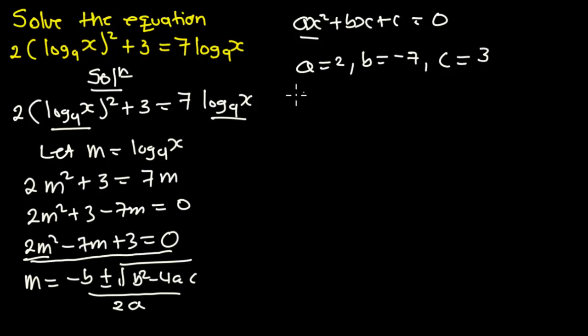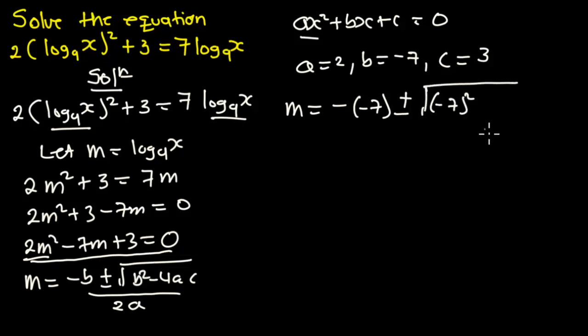Now from here, let's compute the formula. So m will be equal to negative b, and b is negative 7. We're going to have negative of negative 7 plus or minus the square root of b squared, and b is negative 7 all squared, minus 4ac. So 4 multiplying a is 2, and c is 3, all over 2a.